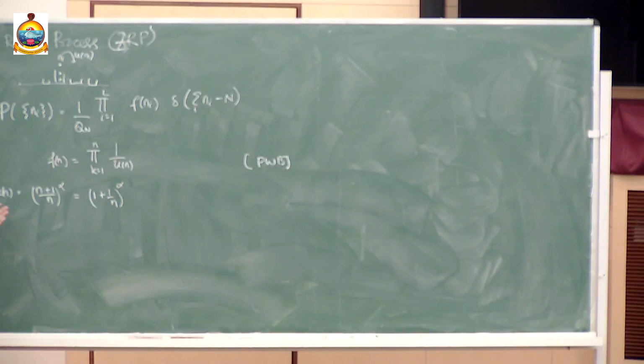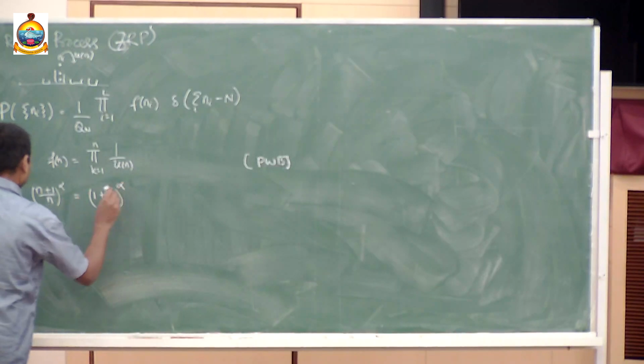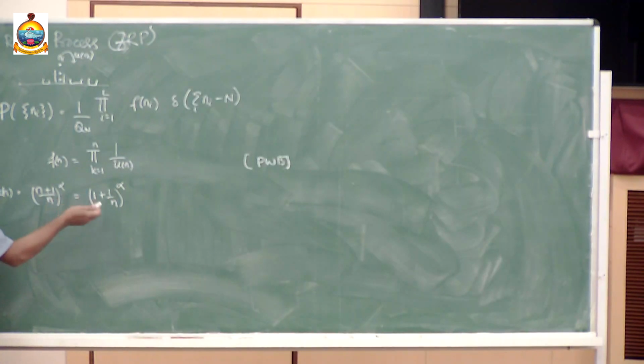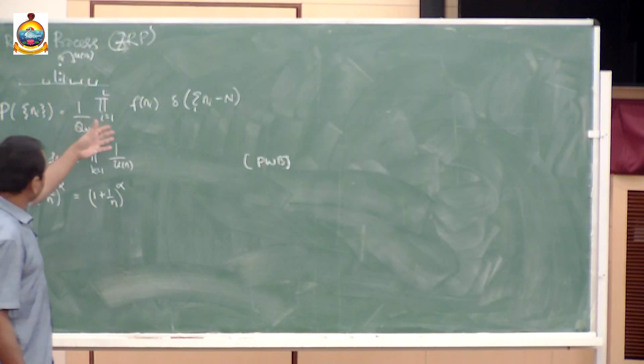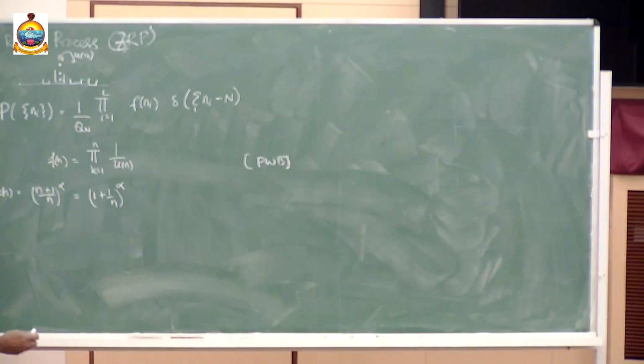In this situation we find that the system can have a condensate, and the condensate can occur at a critical value rho c.